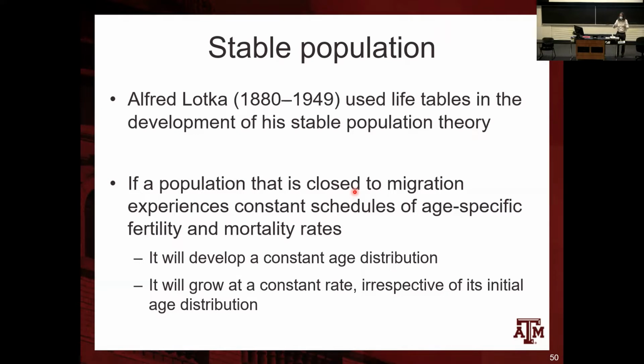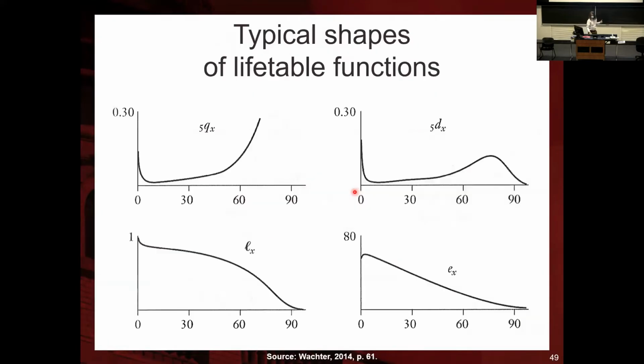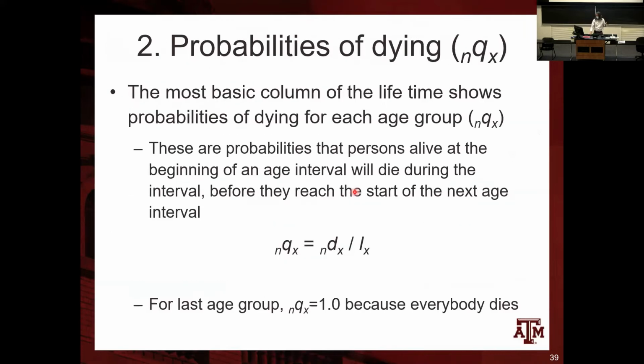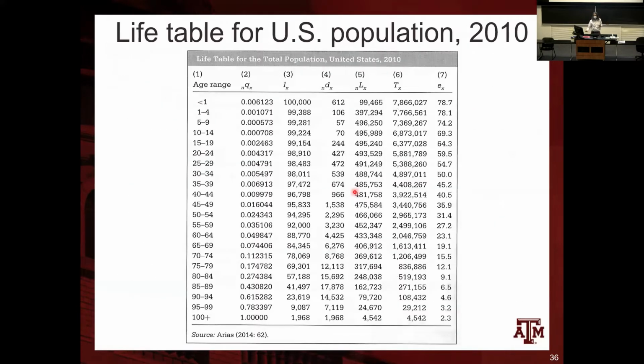The population is closed to migration. And that's exactly what the life table is, right? The life table has information about mortality and fertility, but it does not have information about migration.